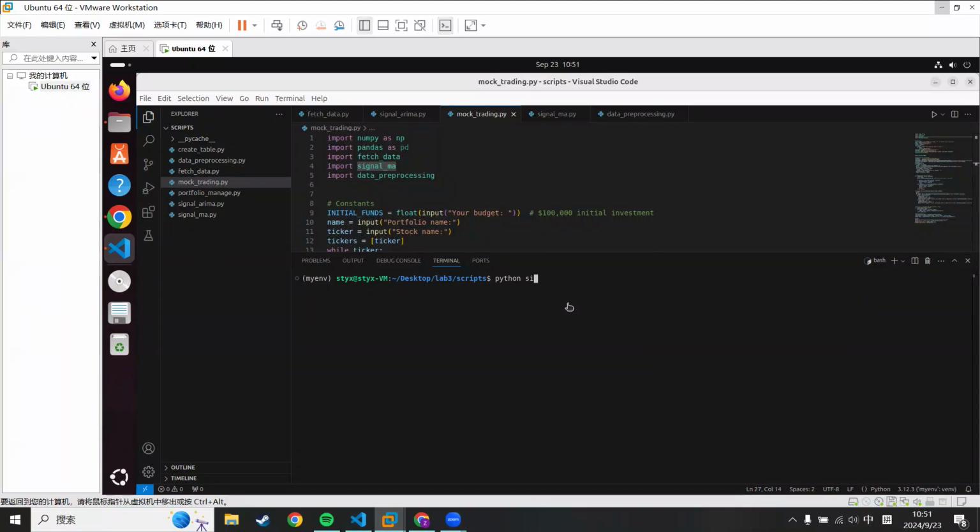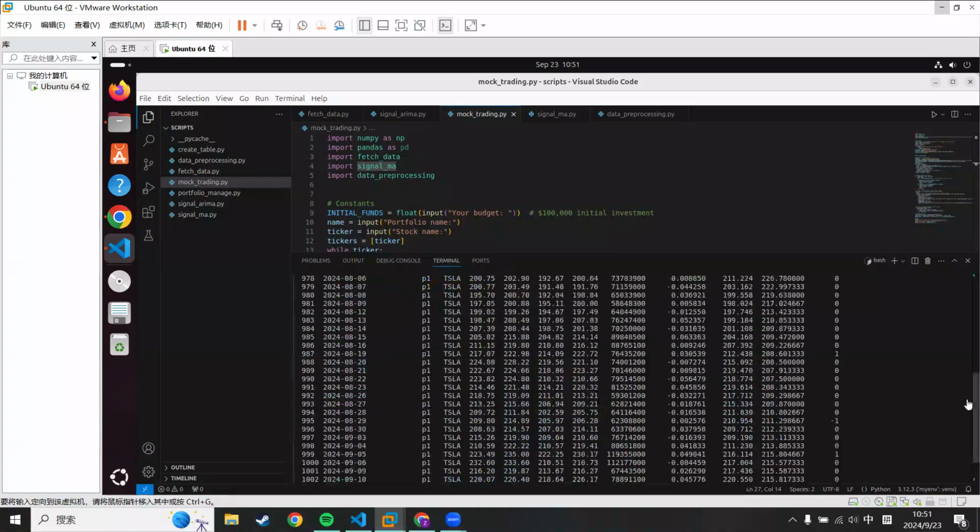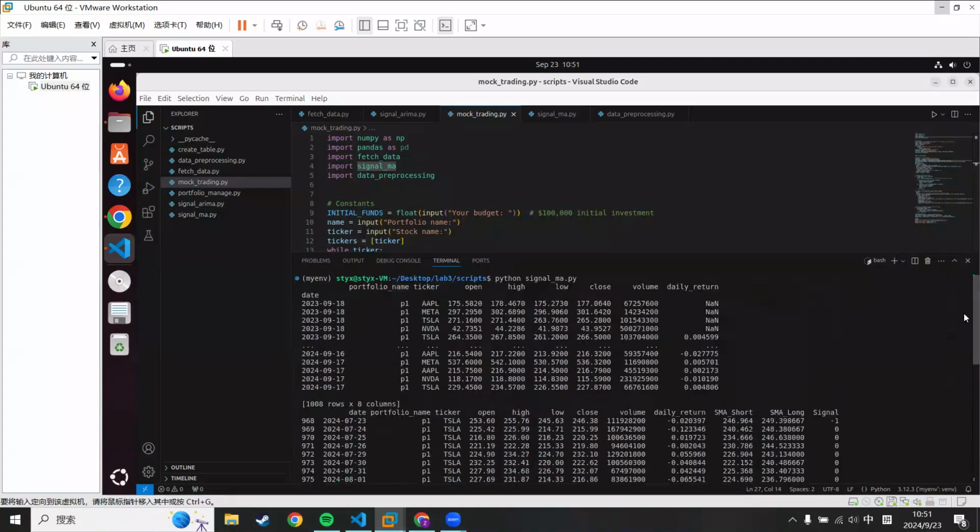So run the Python file. Basically, this script generates the buy and sell signal for each day's transaction for each ticker.